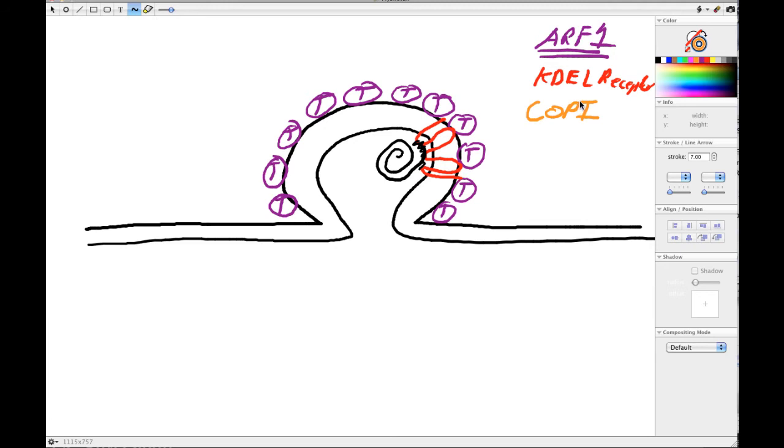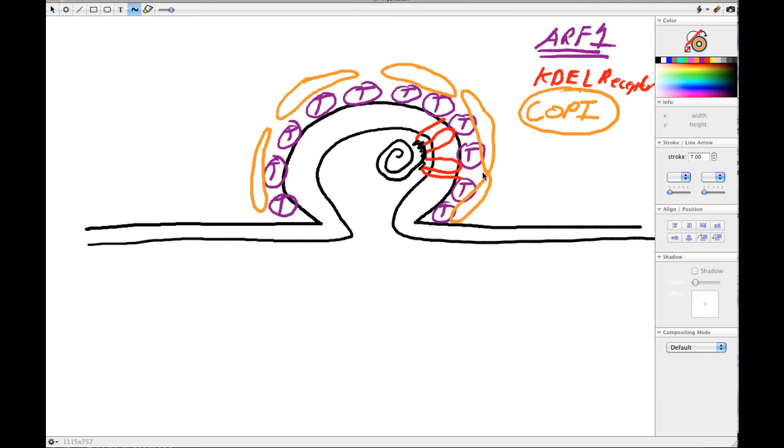We're not going to go through all the molecular details. We're just going to call the whole thing the COP1 coat. And so what you see is that the ARF1 GTP recruits this COP1 coat, and those proteins bend the membrane, just the same way every other coat protein ends up deforming the membrane in order to form a vesicle.